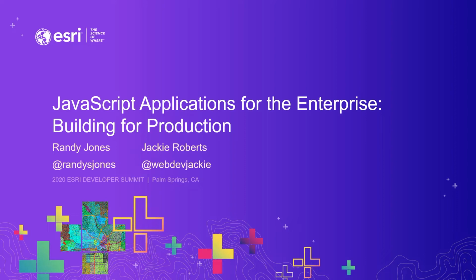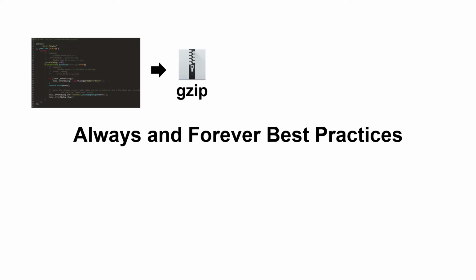But before we dive into that aspect of getting an application ready for production, we have a few things that are always and forever best practices for us. Whenever we set up our web server, we should ensure that gzip is available in transmitting across the wire.